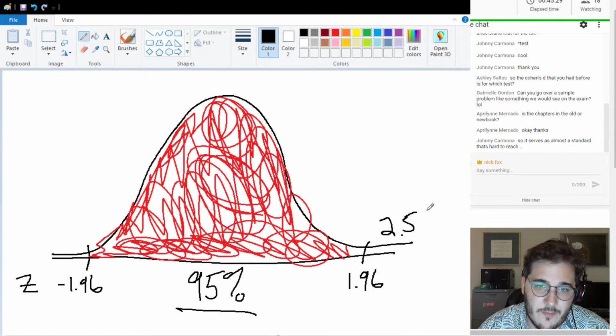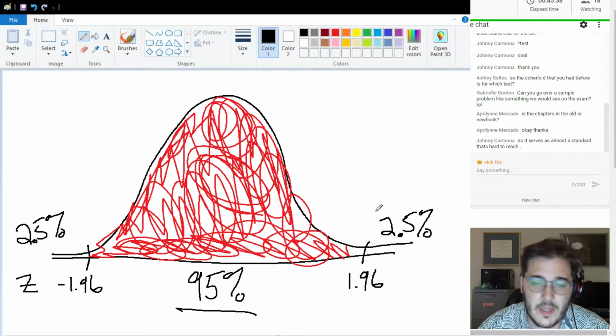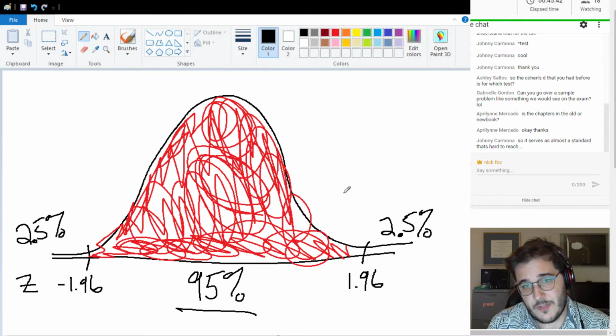So you have 2.5% of observations out here and 2.5% of observations out here. This is 2.5. So that's your 100%, right?